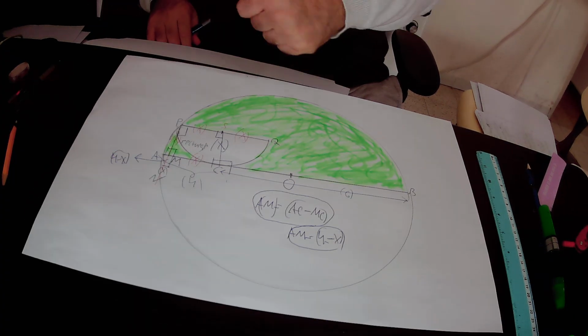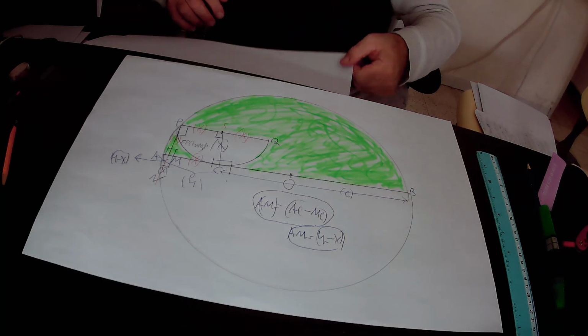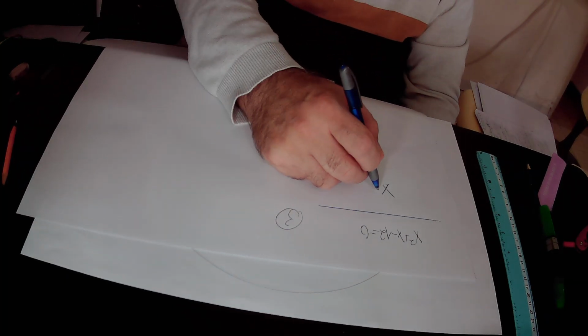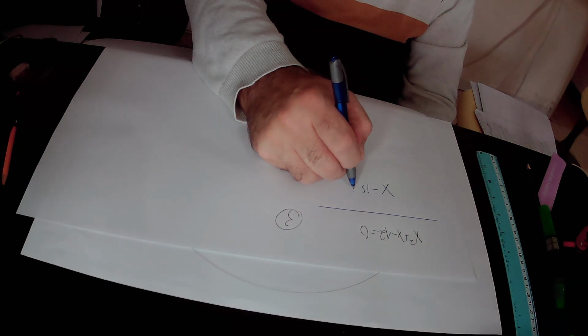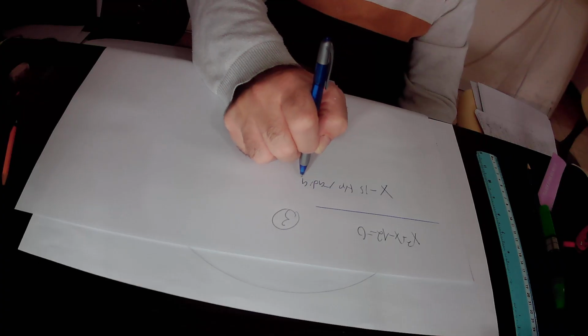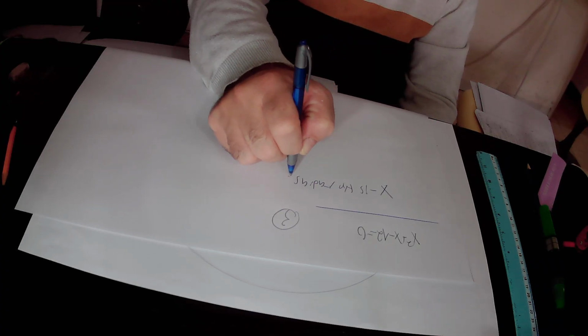X is the radius of this small semicircle.